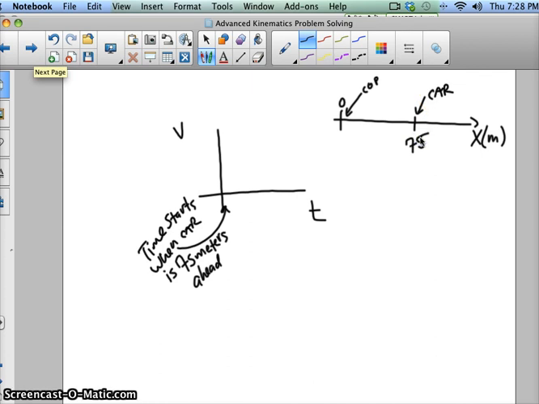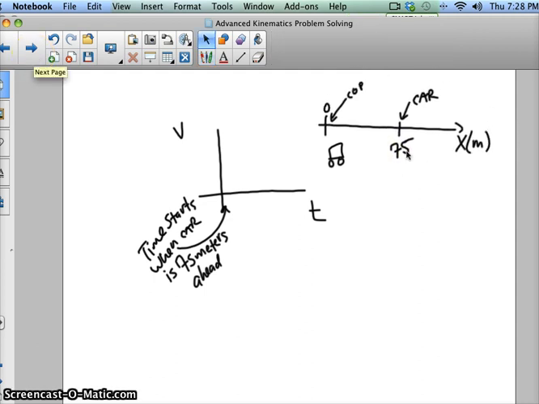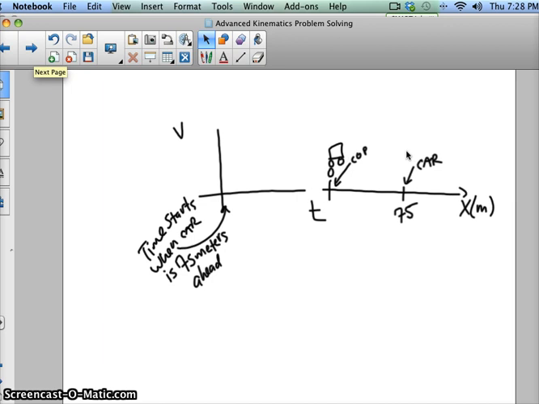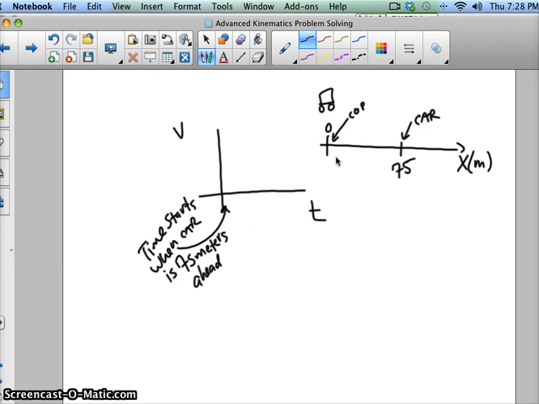And this is just a snapshot of what things look like at 0 seconds. The cop's not moving, but this other car, maybe I'll move this down here, that's better. Maybe I move the car, there we go. And then the car is actually already moving 15 meters per second. Okay?